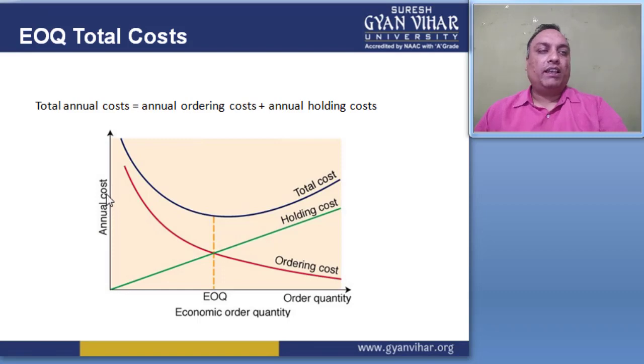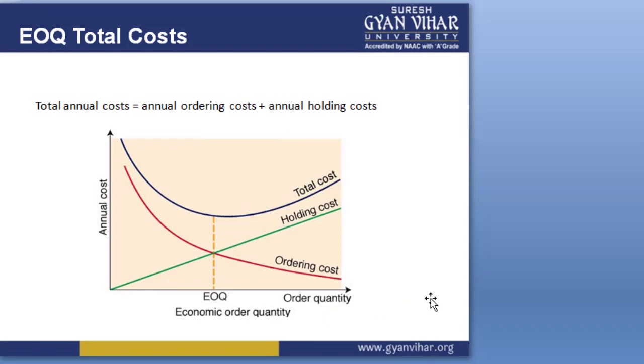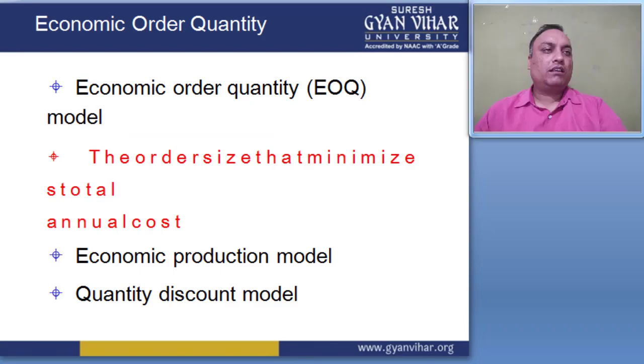In this graph, the y-axis shows the annual cost and the x-axis shows the order quantity. The lowest point, where the holding cost and the ordering cost curves cut, gives the EOQ point, the economic order quantity.